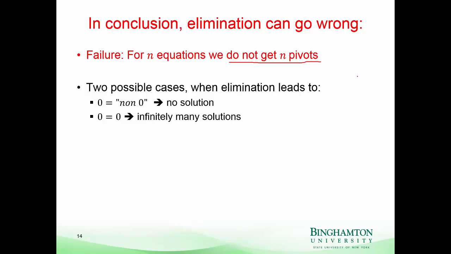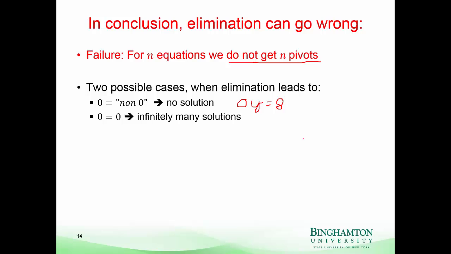And we've also seen that when we do have failure, when we end up with a 0 pivot, we can have 2 possible cases. We end up with 0 is equal to something that's non-zero. So if you remember, for this first one, it was 0y is equal to 8, I think was what that ended up being.